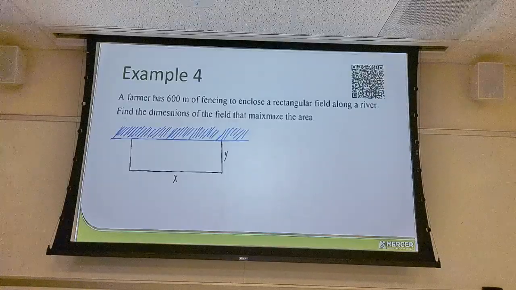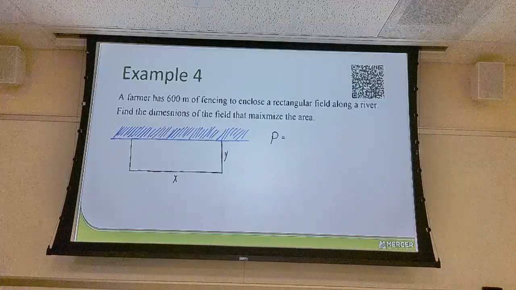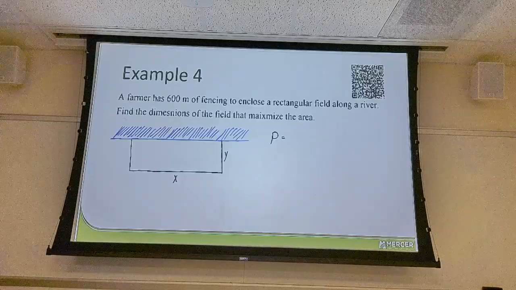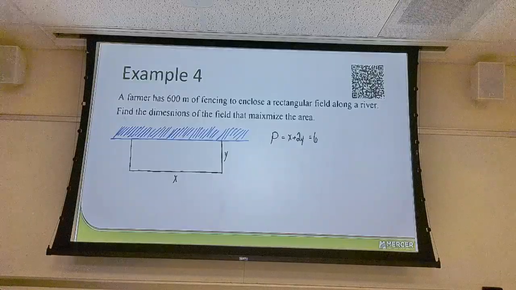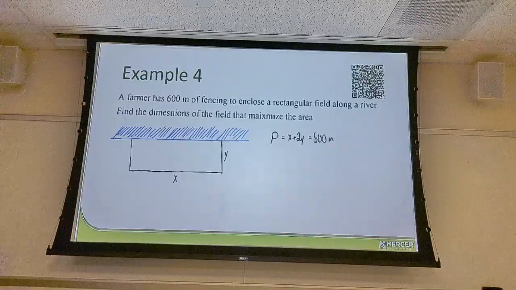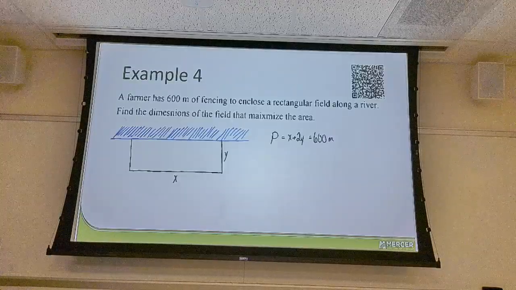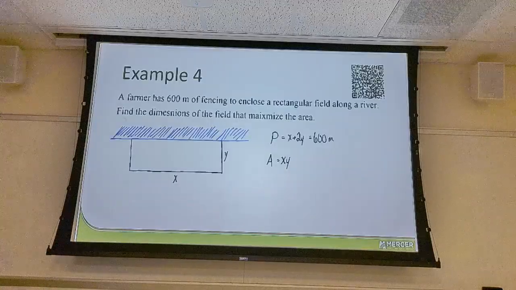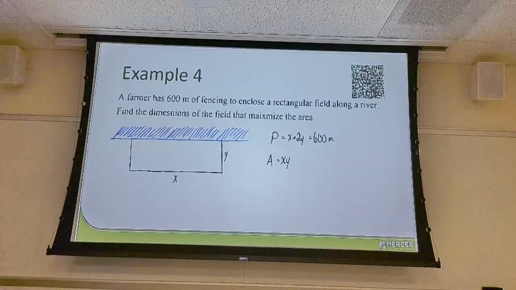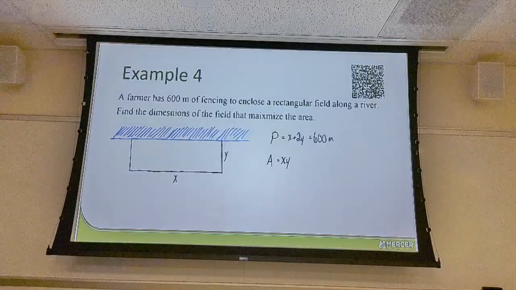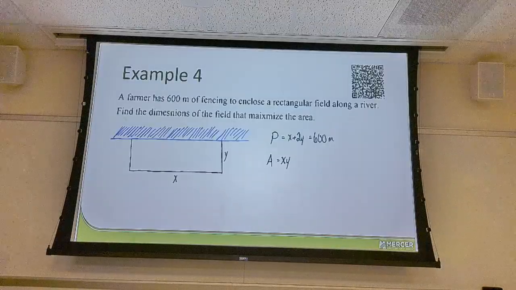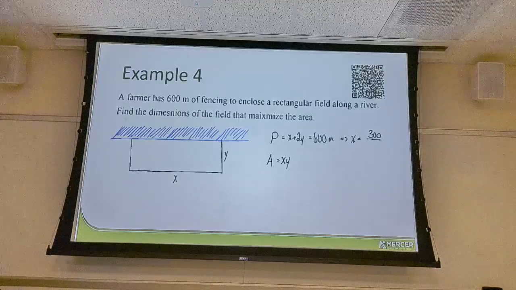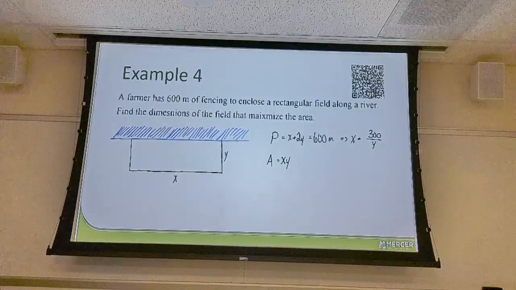Total perimeter has to be 600 meters, but what is perimeter in terms of x and y? x plus 2y. What is the area of the fencing? xy. But we just want it in terms of either x or y. So solve for x.